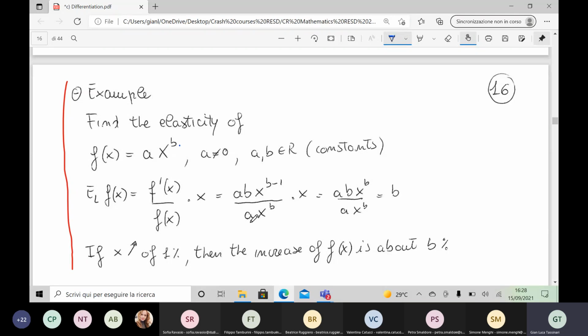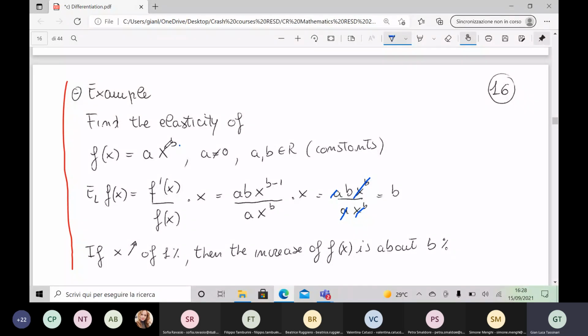Times x. Before simplifying, you can observe that here you have the product of two powers with the same base. So x to the power b minus 1 times x, the exponent of x being 1, gives x to the power b minus 1 plus 1, which is x to the power b. Copy a b. Then you can simplify a with a, and you get b. So the elasticity of this kind of function is constant.